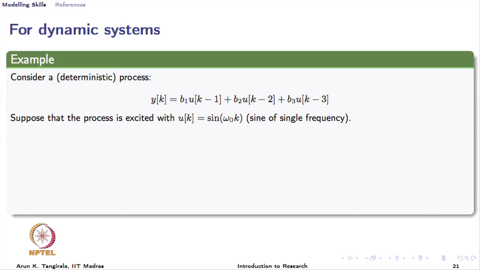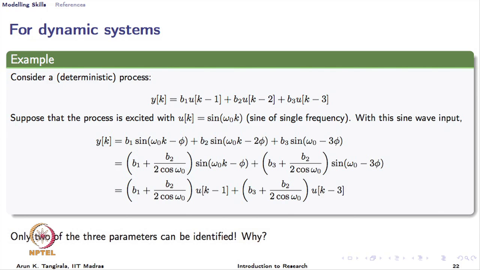Then it turns out that the process manifests as a 2-parameter model. You just have to work through the trigonometry here. I have taken this input, plugged it into the equation, and asked how the response would look. It turns out that the response appears as a 2-parameter model to the experimentalist, vis-a-vis the reality, which is a 3-parameter model.